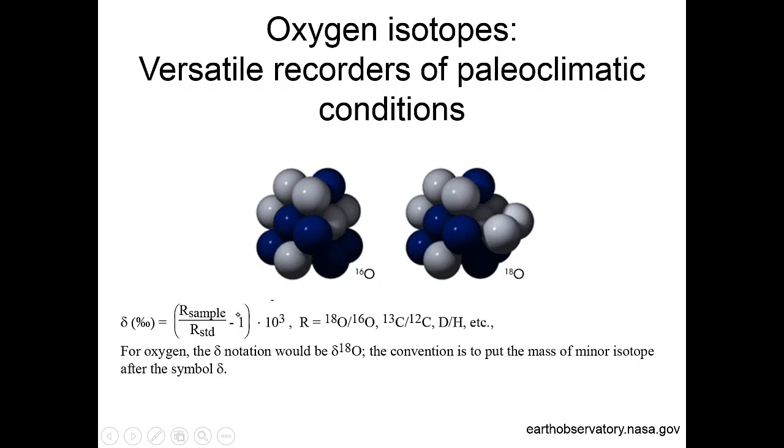We subtract 1 to express the deviation, and then multiply by 1,000 to put it in easy-to-manage units, and we express it in units of per mil, or tenths of a percent. This delta notation is used for oxygen isotopes, carbon isotopes, hydrogen isotopes, and other isotope systems.